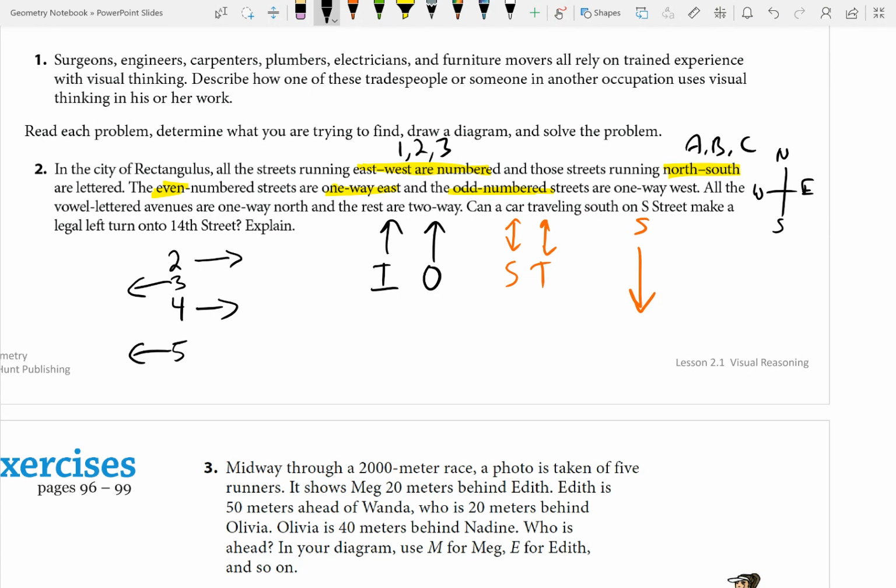Here's 13th Street, and that's odd, so that's going this way. 14th Street is even, so that's going that way. From that perspective, he would be turning left, and that would be a right turn if you're traveling in the other direction. So, yes. The answer is yes. He can take a left turn on 14th Street.